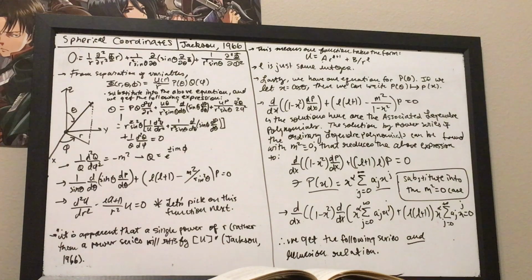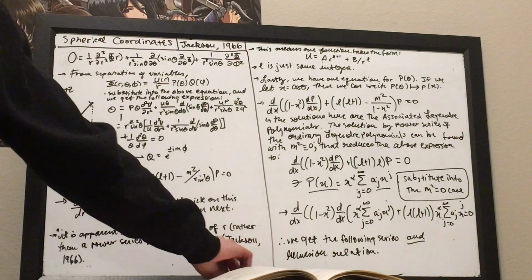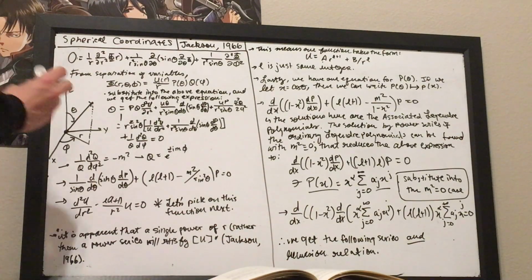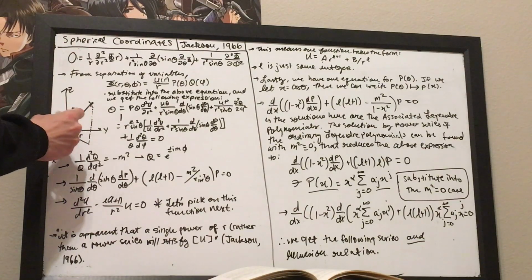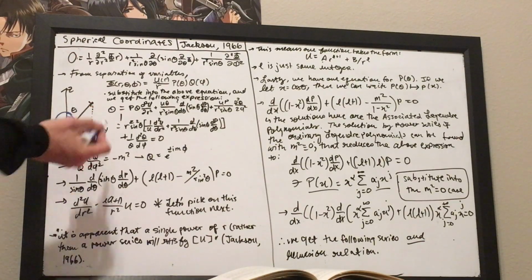So what he does is that he takes the above expression, he looks at the case where we have azimuthal symmetry in our spherical system. So if we're to draw some sphere in our little coordinate plane here, right? Here's our sphere, like that.